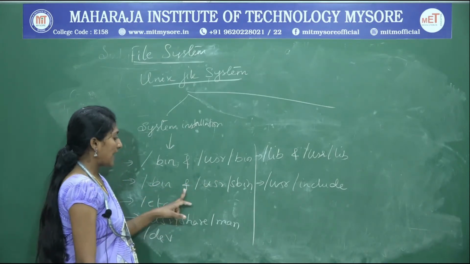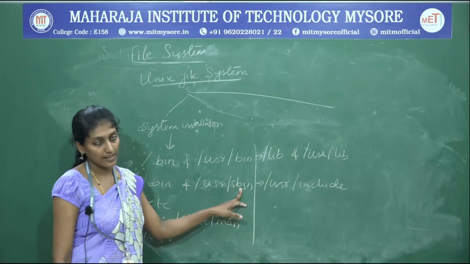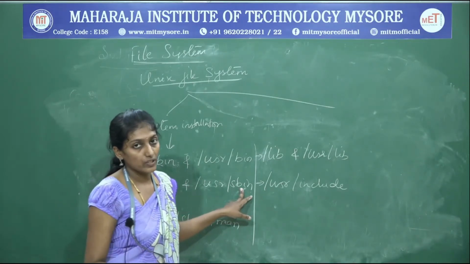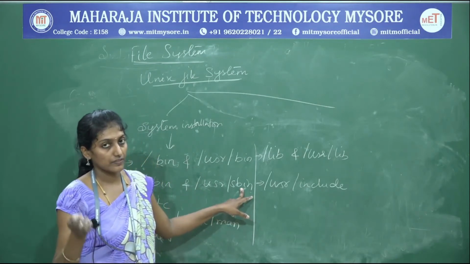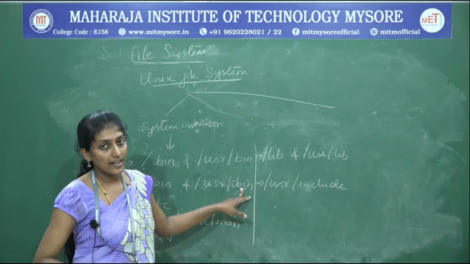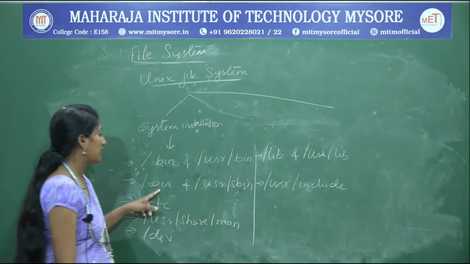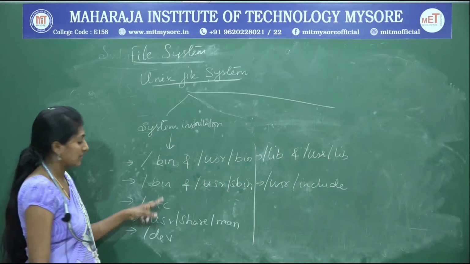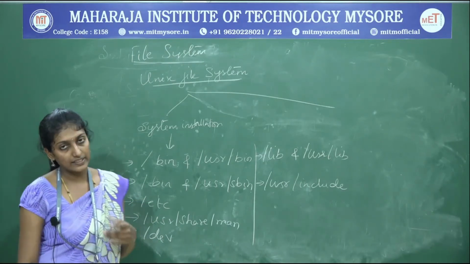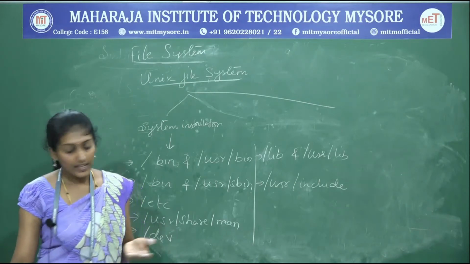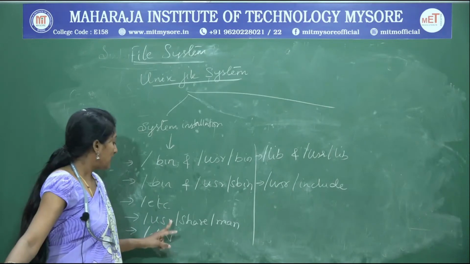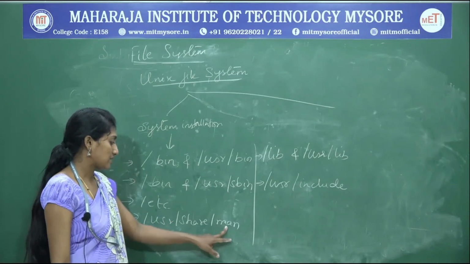For sbin, those files which can't be accessed commonly by a user, and only an administrator can access, will be stored under this directory. Coming to etc, under this etc directory it contains all the configuration files of the Unix system. Next, /usr/share/man.